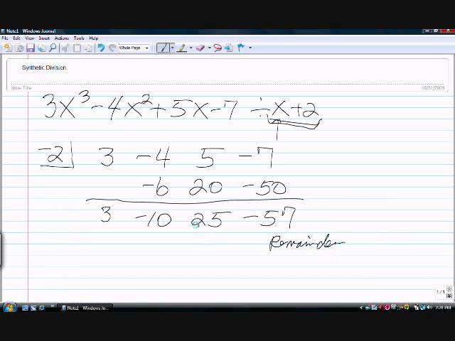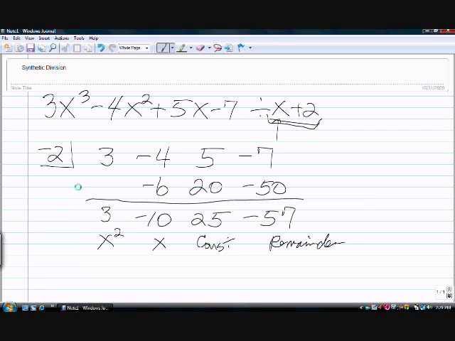The next number is the constant term. The next number is the linear term, the one that'll be with the x. The next number will be the x squared, up until we run out of numbers to the left.